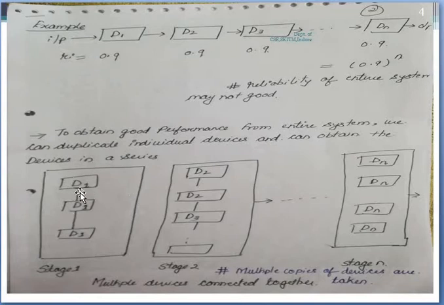If the first device is not working properly, we use another device. In the same way, if the first and second options are not working properly, we use this device. So the overall performance of the system is not degraded, and we always get efficient performance from the entire system.